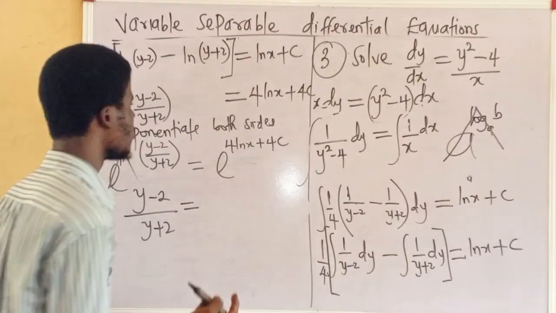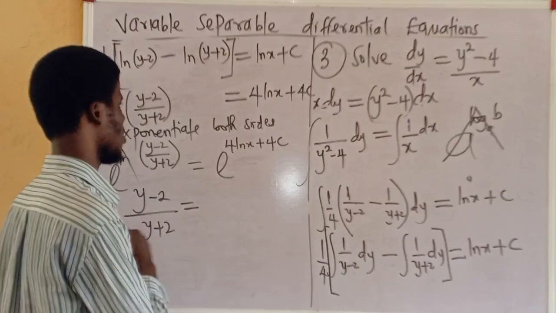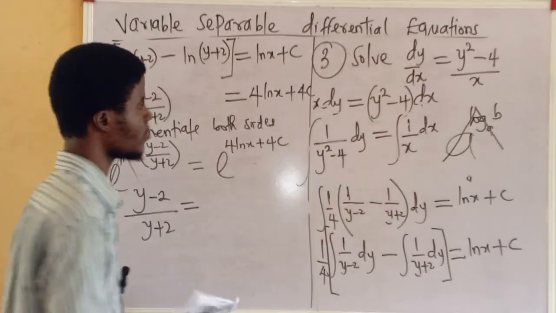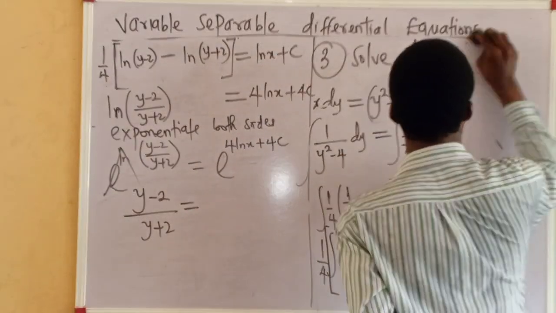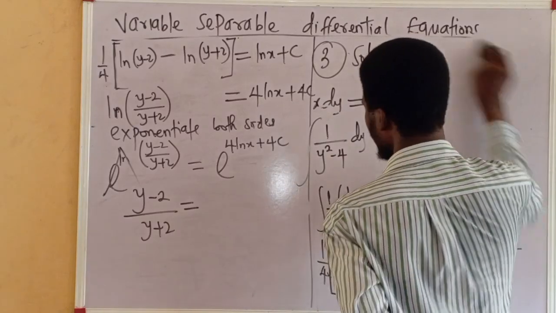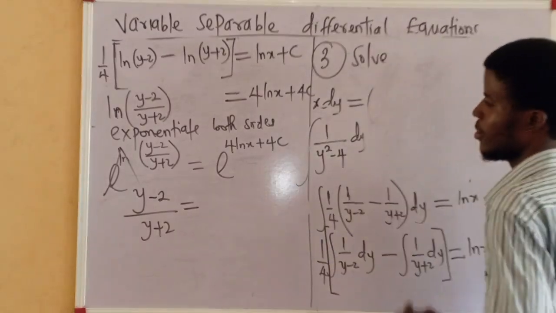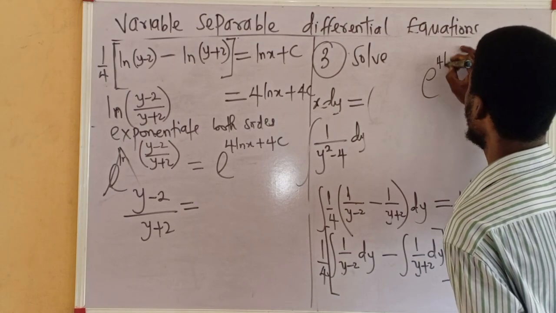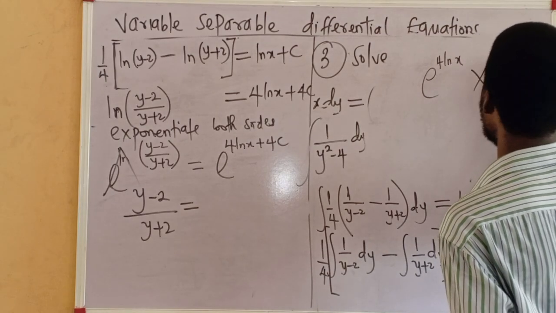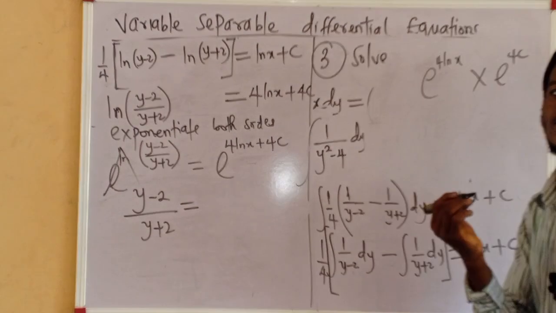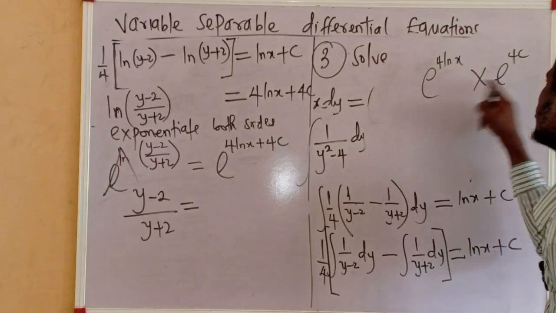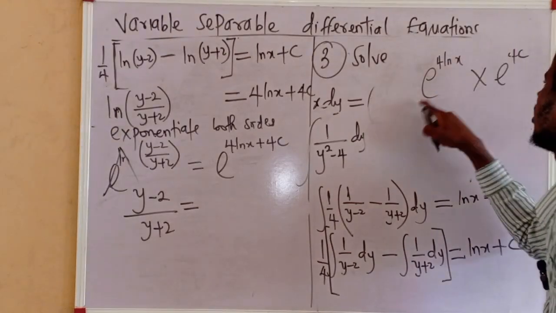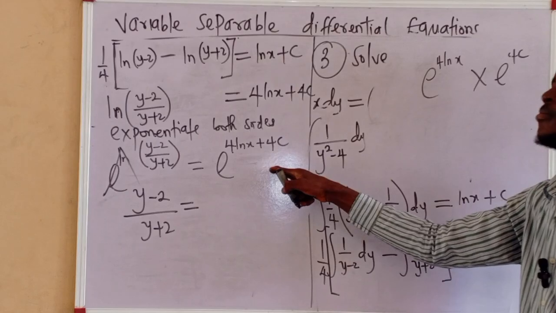By the law of indices, we have e to the power of 4 ln x times e to the power of 4c. Yes, because they have the same base, I can add their powers. This is equivalent to this.